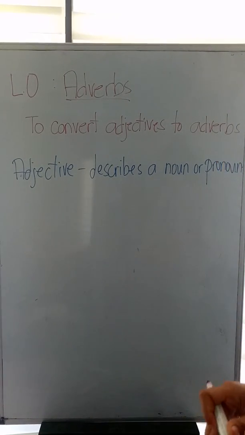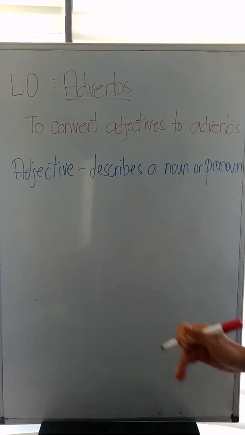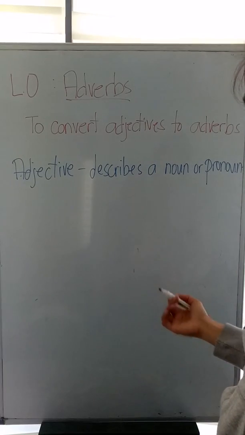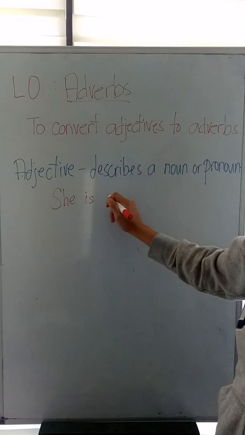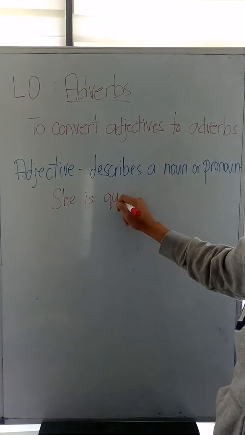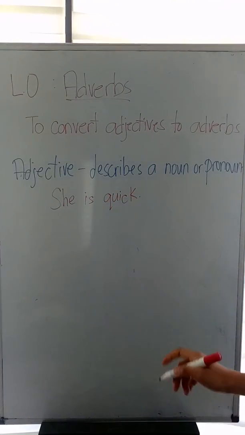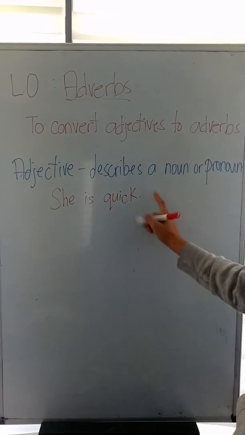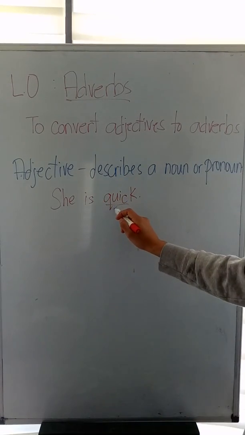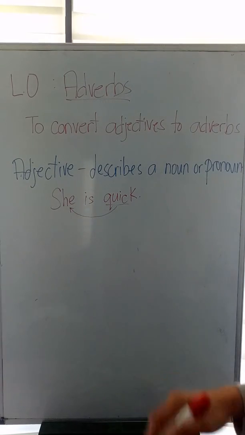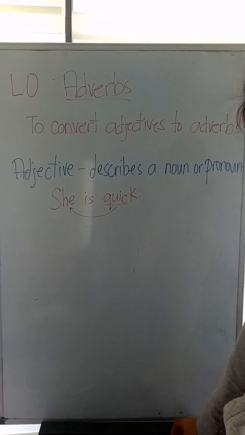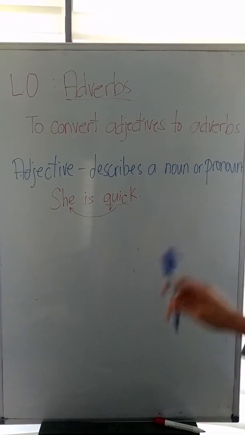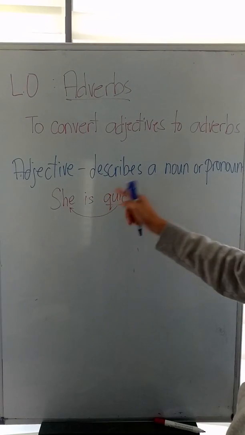Like, for example, she is quick. So our adjective here is the word quick, and it describes our pronoun she. Who is quick? She's quick. Alright, so that is how adjective work. It always describes a noun or a pronoun.